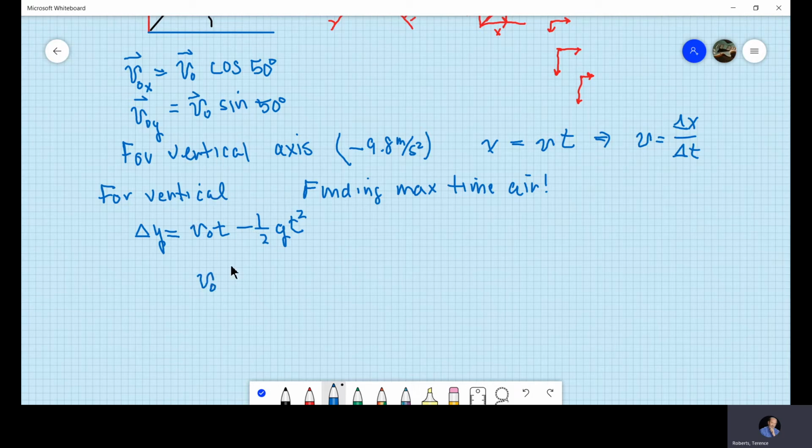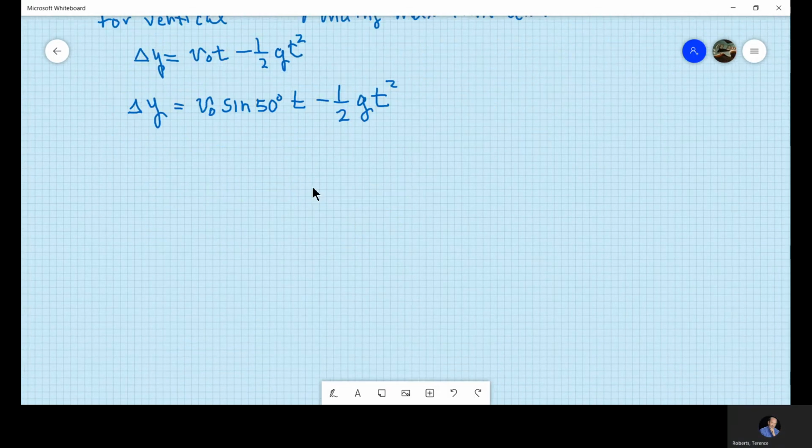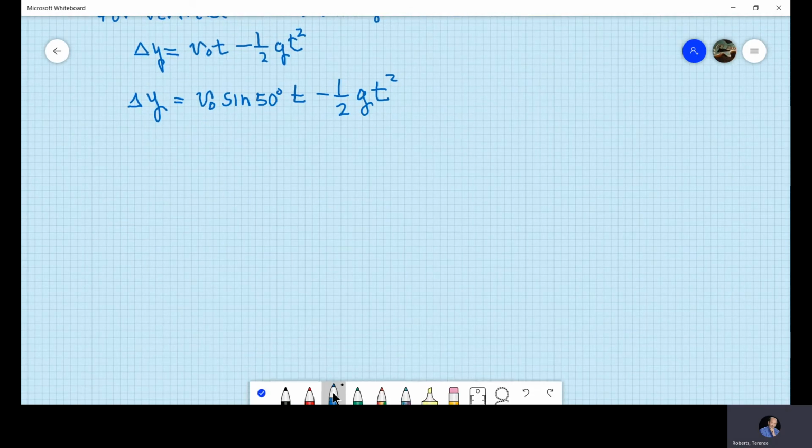And since it is a y, then it should have the sine 50 degrees, times t minus 1/2 g t squared equals delta y. Okay, so I want to solve for time.